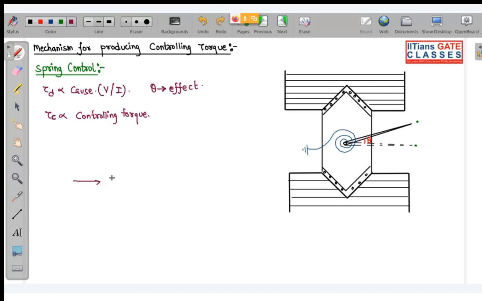Tell me, if you are traveling at 20 kilometers per hour, will braking be that tough compared to when you are traveling at 60 kilometers per hour? So when will braking be tough?